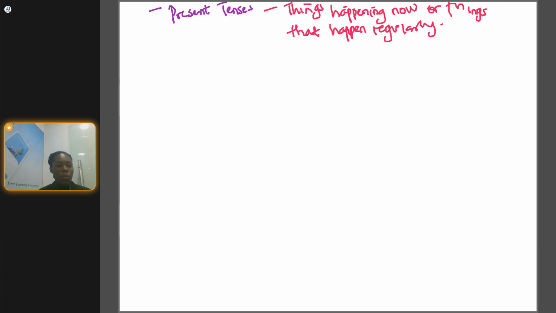Okay, so present tense, like I said, we use when talking about things happening now or things that happen regularly. So the first tense we are looking at under the present tenses is the simple present tense.